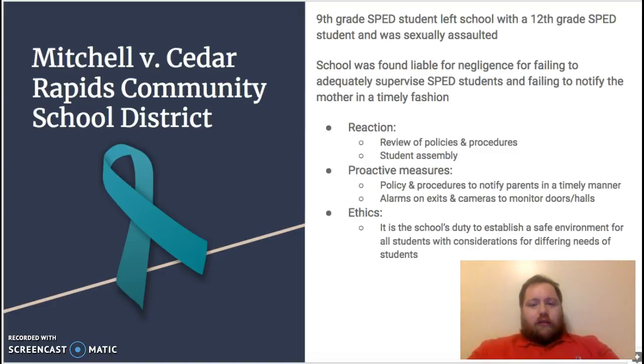They went to a lot of places and ended up at the 12th grade boy's house. Eventually, the mother found where she was and came and got her immediately. And it came out a few months later that the girl had been sexually assaulted.